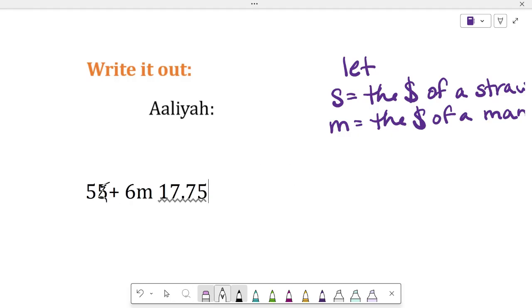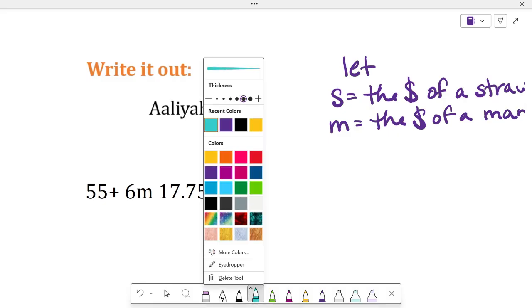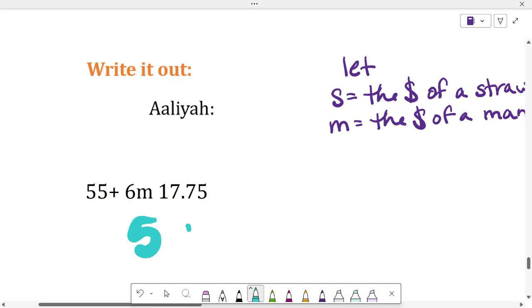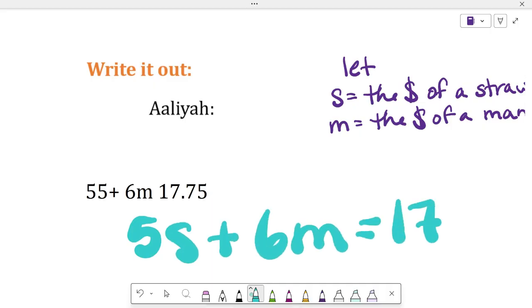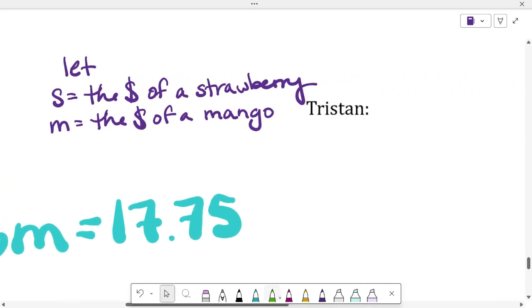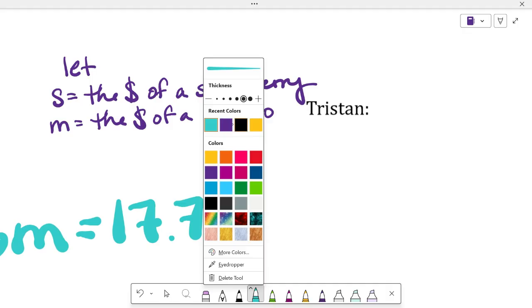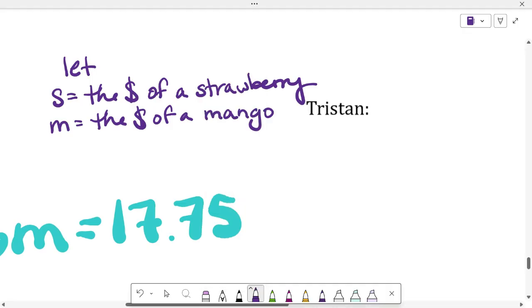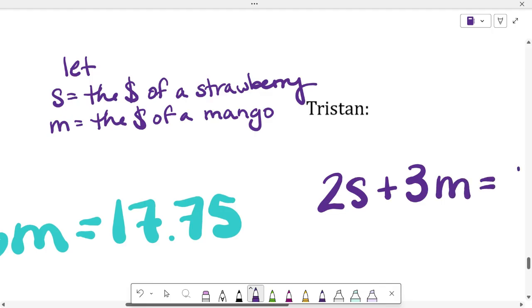I am not sure why that did that. 5S plus 6M equals $17.75. For Tristan, he had 2 strawberries and 3 mangoes for $8.